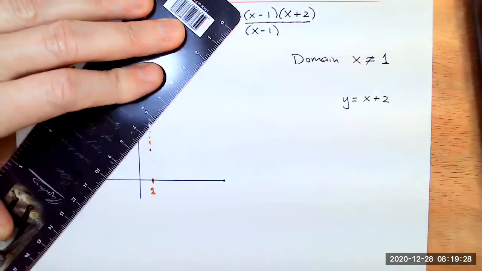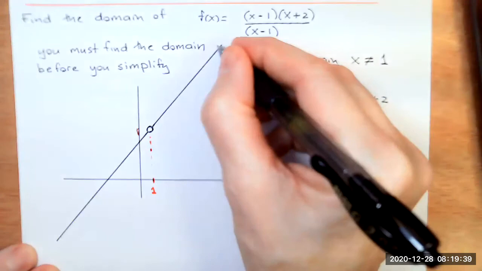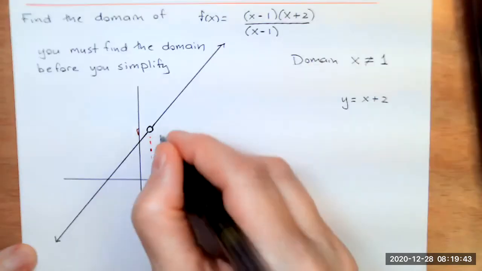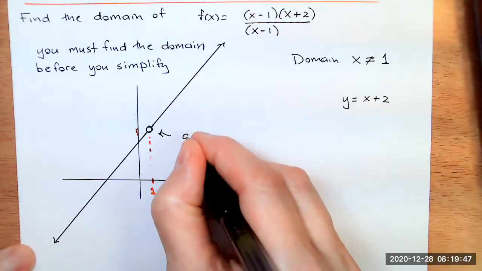So there'll be a hole in the graph. Generally we plot that with an open circle. And that break in the graph is called a discontinuity.